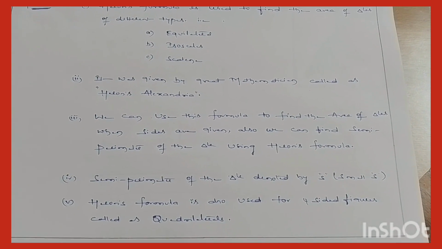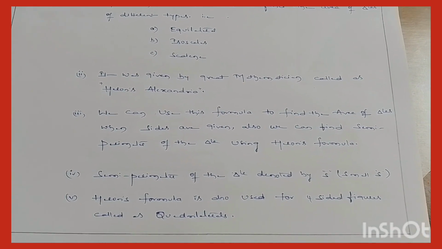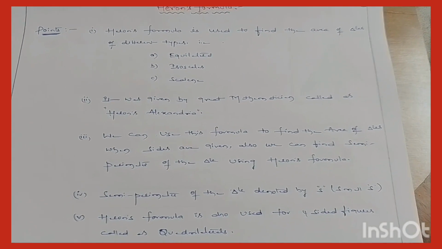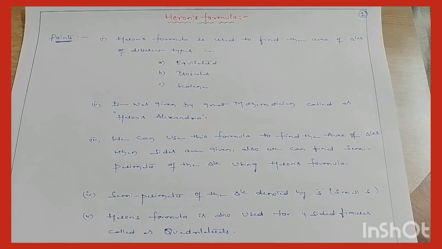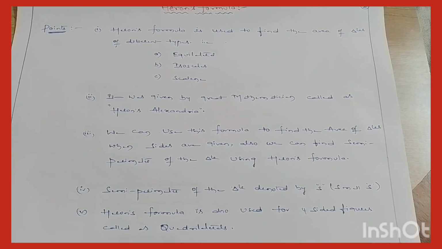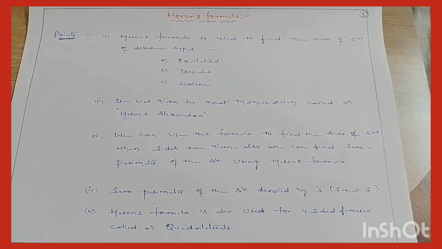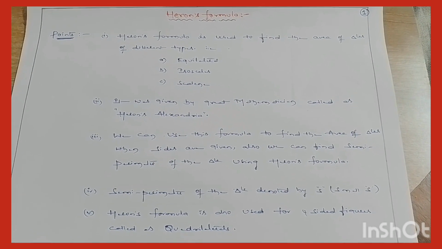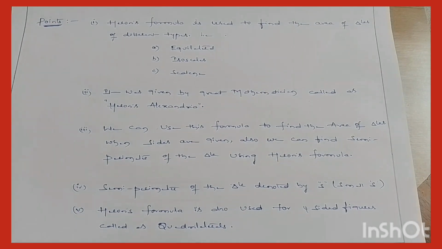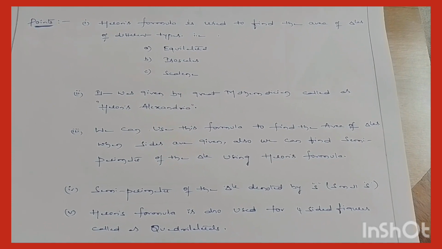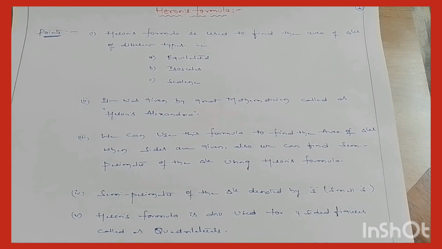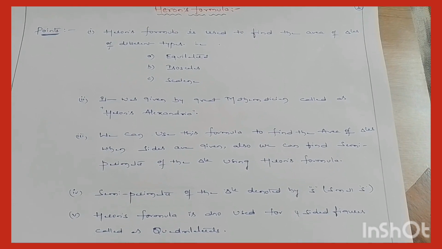It is denoted by small s. Not only for three-sided figures, we can also find an area formula for four-sided figures, that is for quadrilaterals. That one also we'll discuss in the further classes. As of now, we'll discuss the area of a triangle using Heron's formula when sides are known.